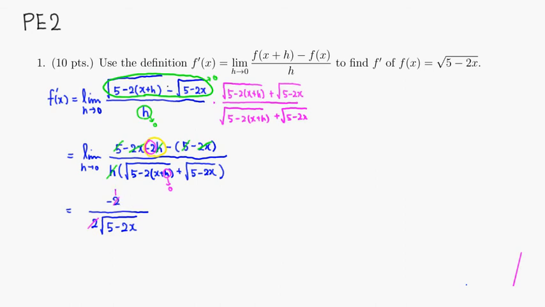So we have negative 1 over the square root of 5 minus 2x. That's the derivative of this given function f of x. That's it. I hope that this was clear.